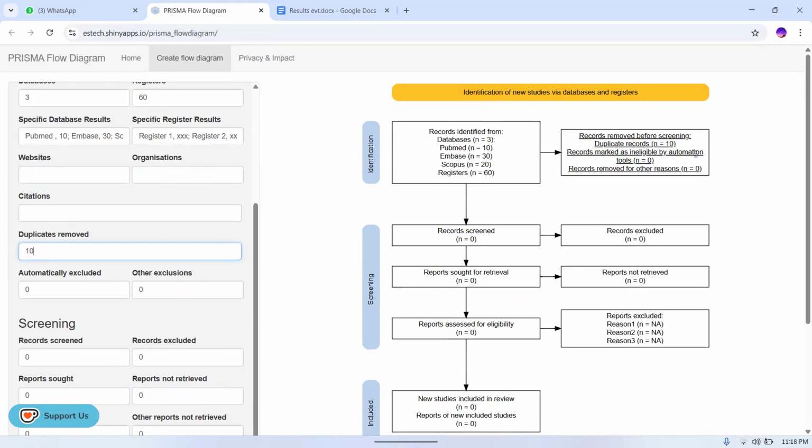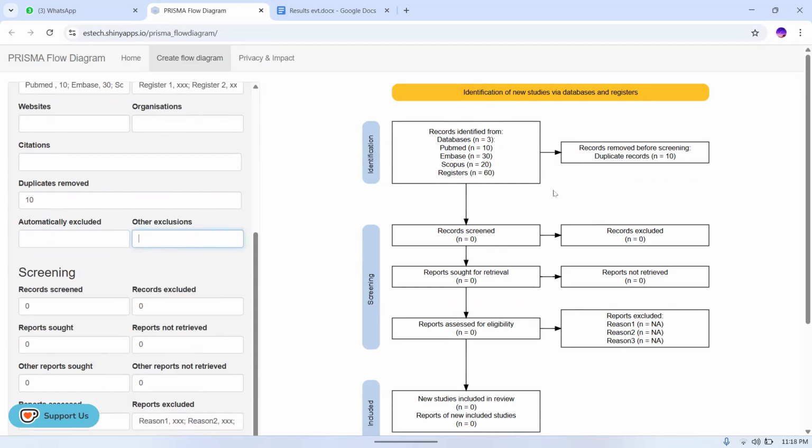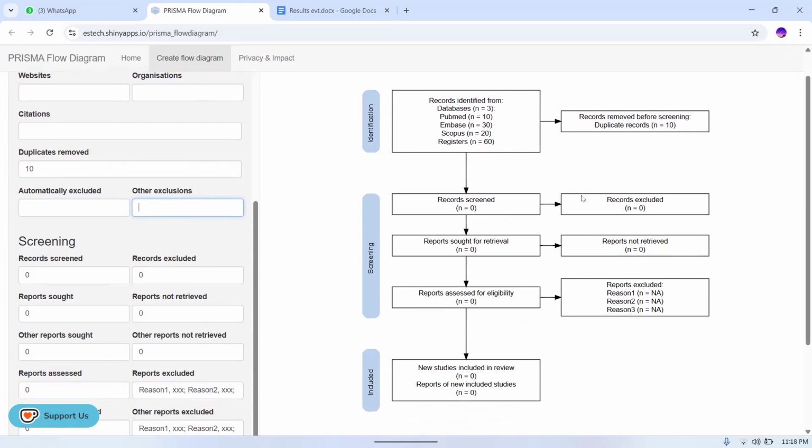Record marked as ineligible by automation tool. No need for this. Records removed for other reasons, others exclusion, nothing. So I'll remove this thing. This box is enough. Now I'll move on towards this. 60 articles I imported. Out of 60, 10 were duplicates. So how many articles I screened? Basically, I screened 50 articles.